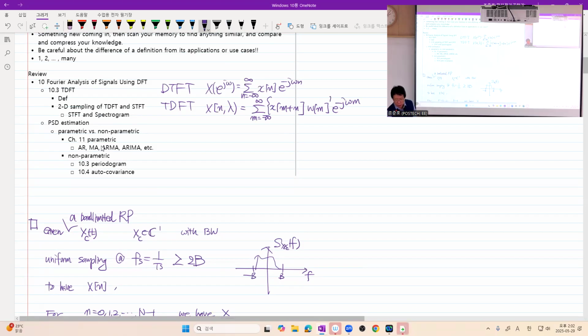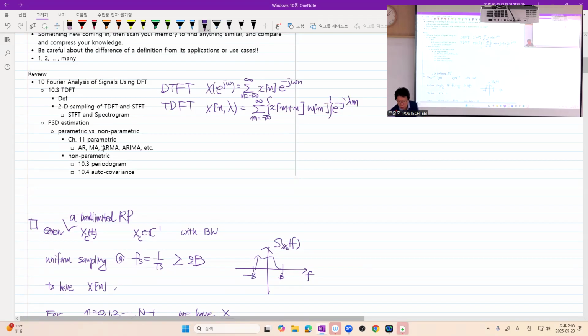So can you see the similarity and difference of these two? The time-dependent Fourier transform can be understood as what? As a function of m, this product signal is discrete time Fourier transformed, where the parameter is lambda, not omega.